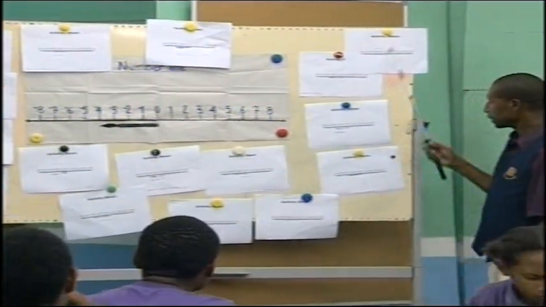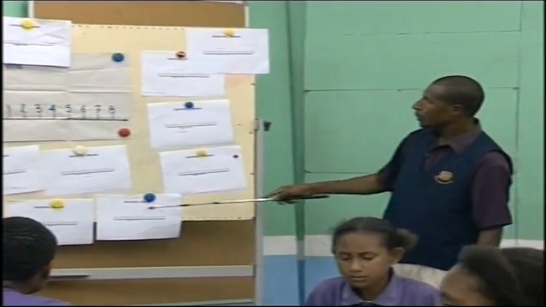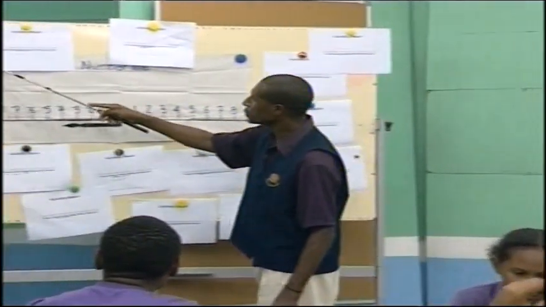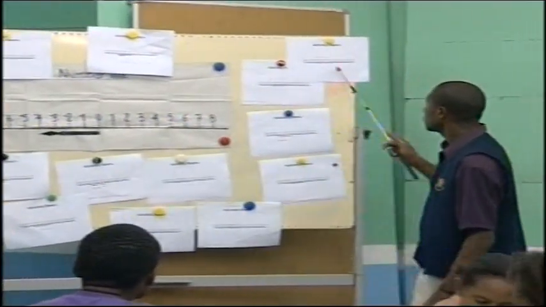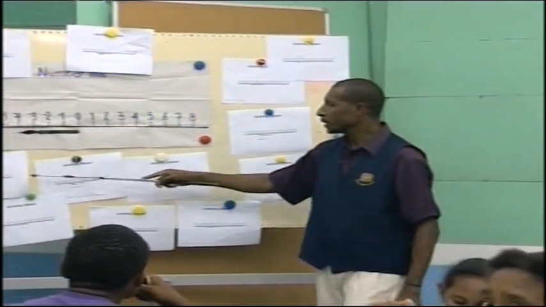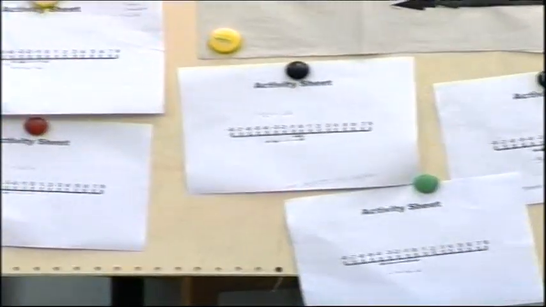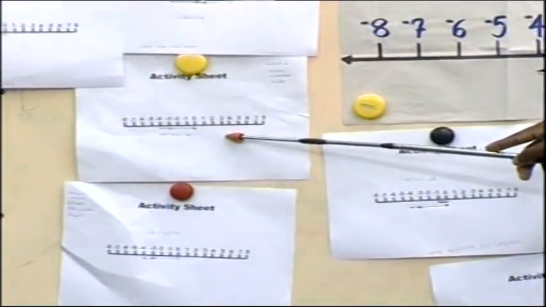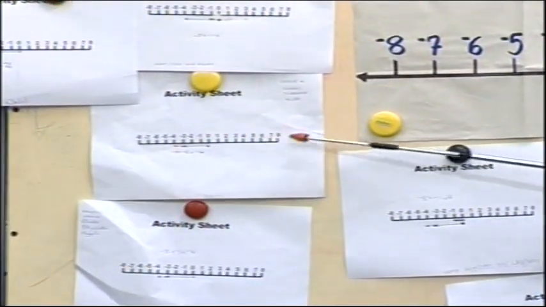Now receiving students, let us look at some of the work that is done by model students. You can see most of the work shown here by the model class, they have correctly done the activity.